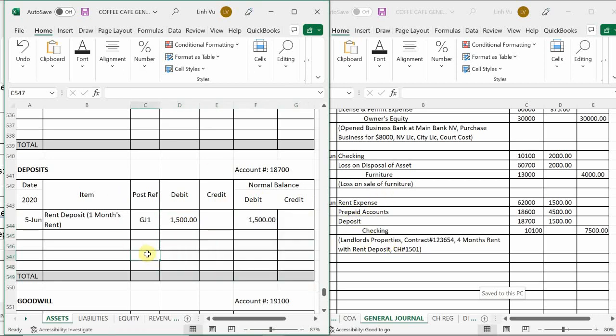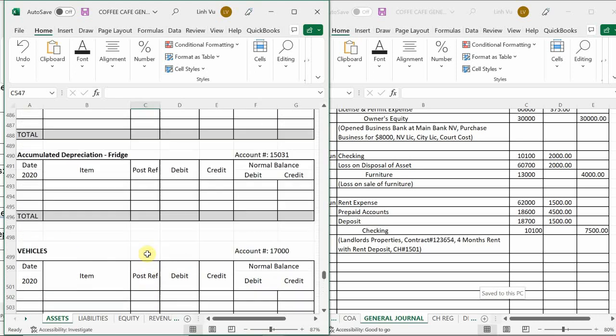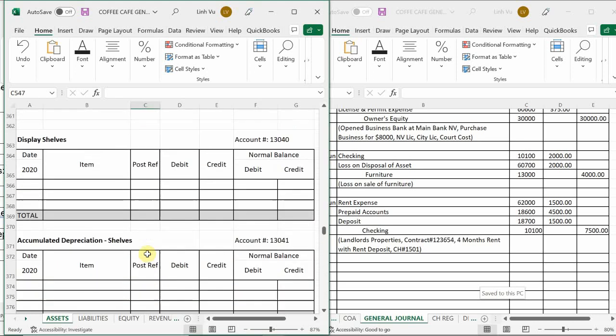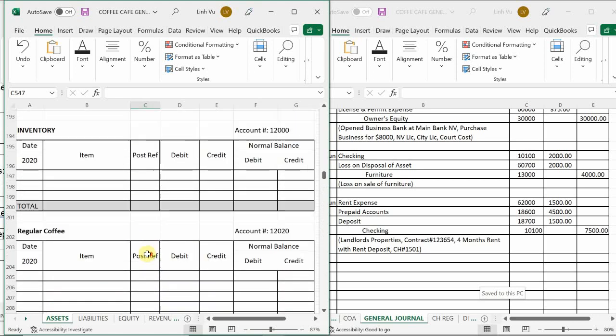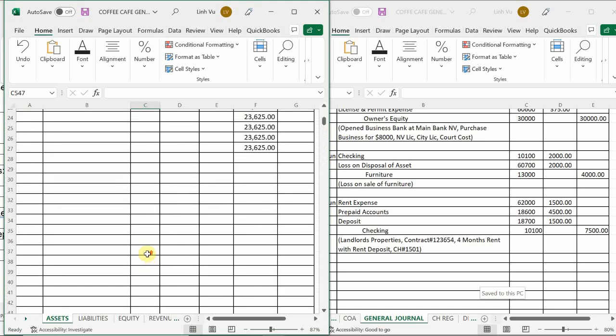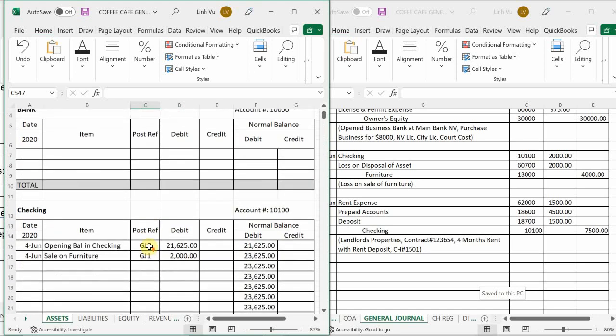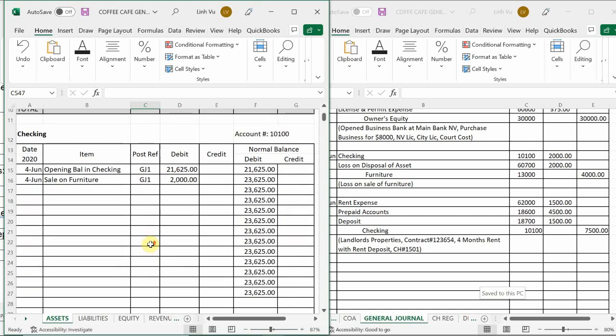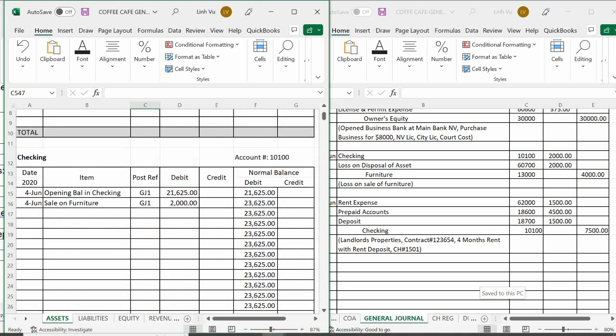So last one is I need to go up to my checking account because now I need to say I just wrote a check out for $7,500. So therefore, that is money that's being taken out from my checking account. So how do I figure this number out? Well, in this case, we can acknowledge that we wrote a check. Now, for the notes, I am going to simply just put in my check number, okay?